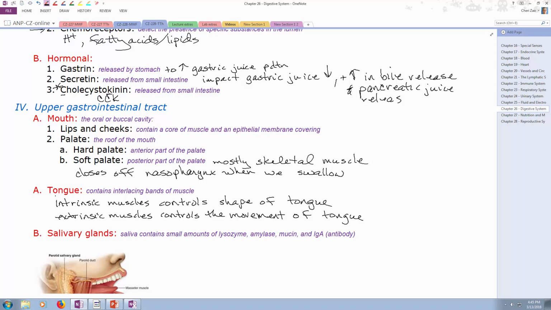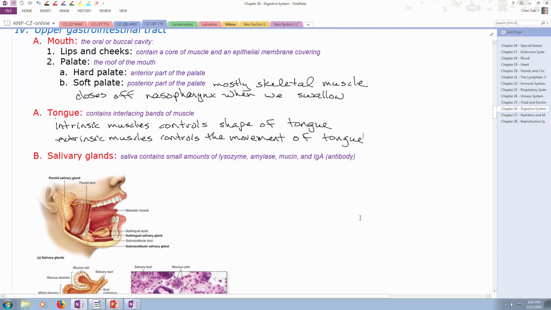Those are the extrinsic muscles of the tongue, and so they don't have that interlacing pattern associated with them. So sticking your tongue out is an extrinsic action, and what the tongue looks like when you stick it out was the intrinsic muscle action that you actually see. The tongue is also going to be very important because it will mix the food with saliva to form the bolus.